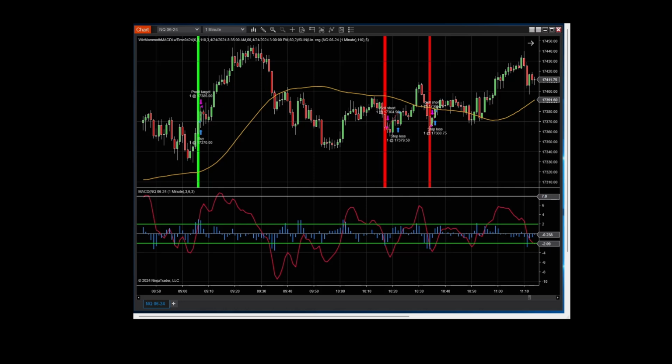You can use it as a trend trading method or as a filter to filter the trades that you want to do. Sometimes you can do swing trades or scalping or range trades. There are many ways you can use MACD.